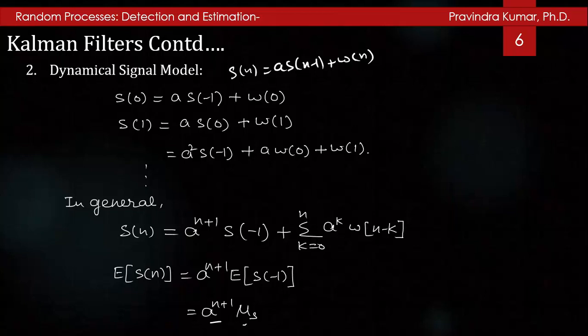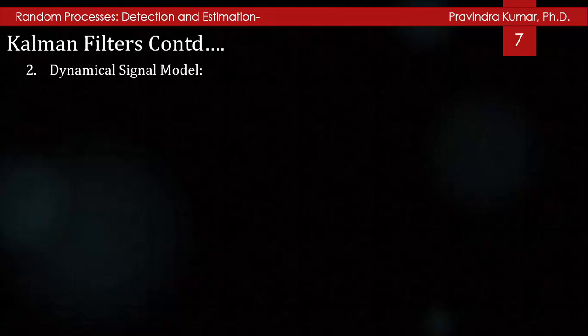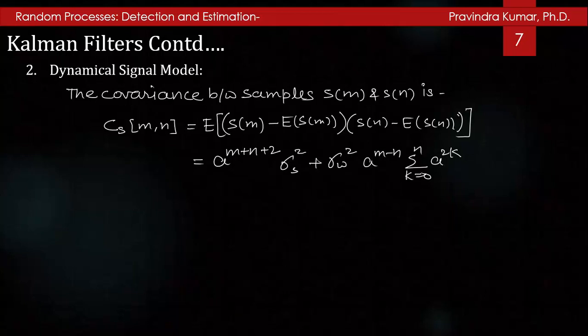The covariance between the samples s[m] and s[n], c_s[m,n], will be E[(s[m] minus the expected value of s[m]) times (s[n] minus the expected value of s[n])], and it will be equal to a to the power m plus n plus 2 sigma s squared plus sigma u squared times a to the power m minus n summation k = 0 to n of a to the power 2k.